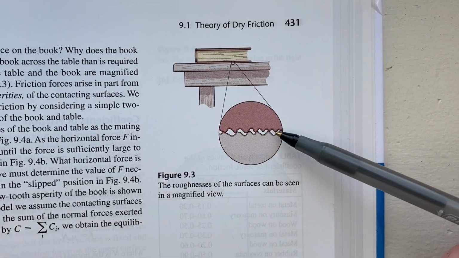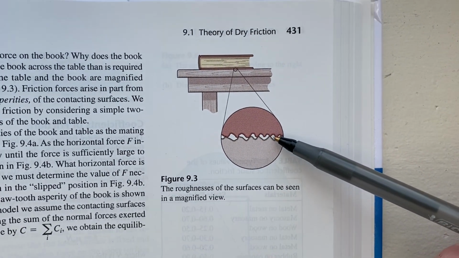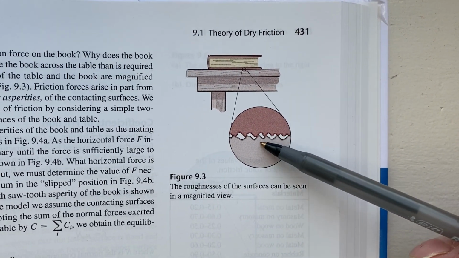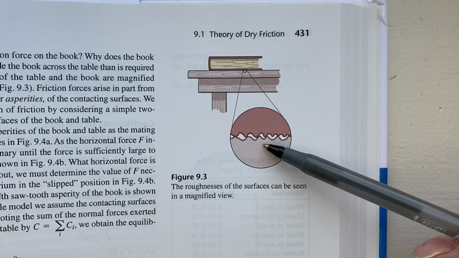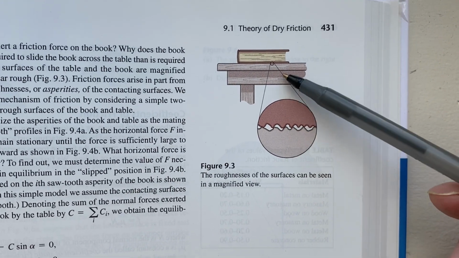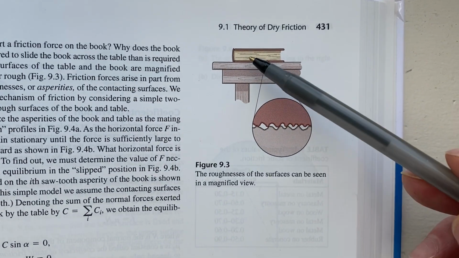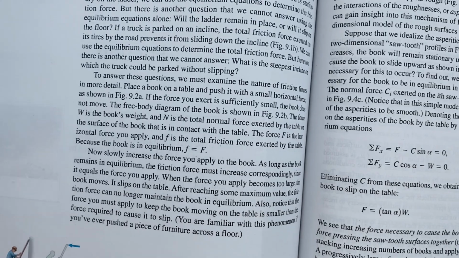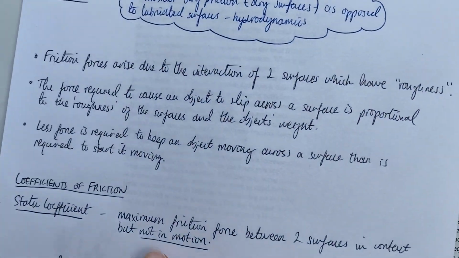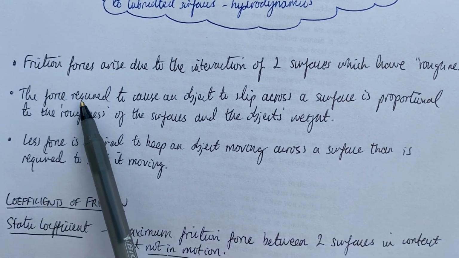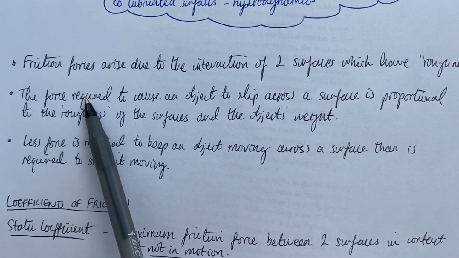And the magnitude of the frictional force is proportional to how rough these two surfaces are, and also it's proportional to the weight of the object that's trying to slide across the surface. So that's what I've summarized here, and we'll formulate this into an equation in just a second.